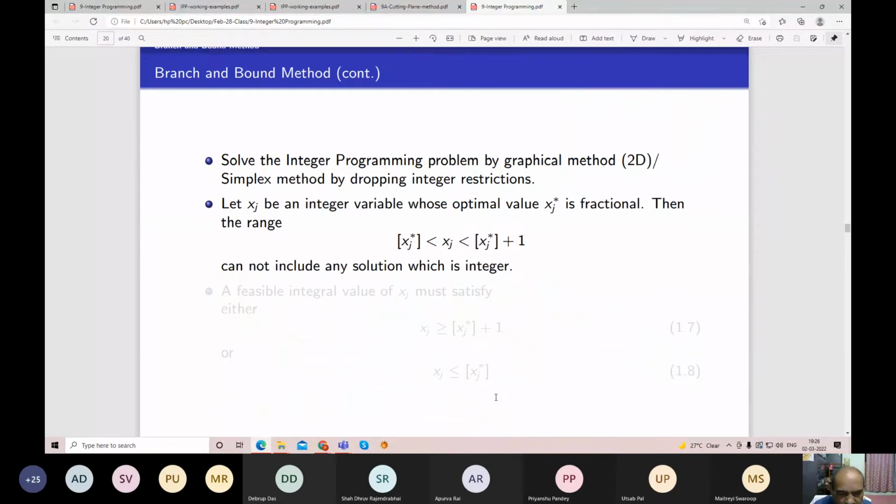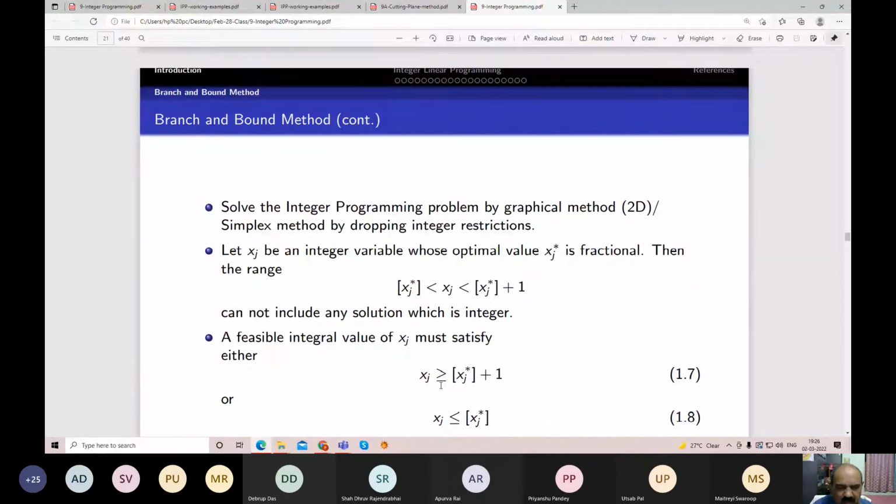Then which interval will include? This implies a feasible integral value of Xj must satisfy either Xj greater than or equal to the integral part of Xj star plus 1, or Xj less than or equal to the integral part of Xj star. So we are taking the complement.